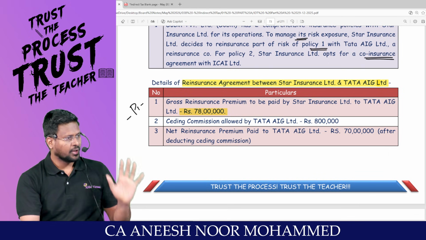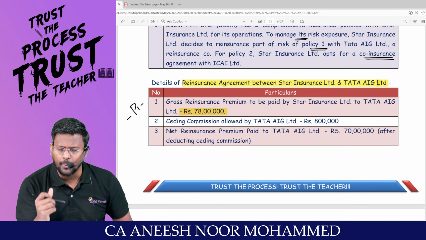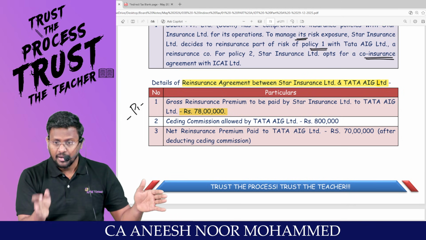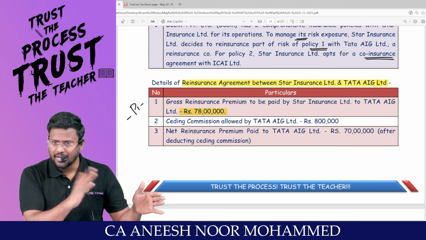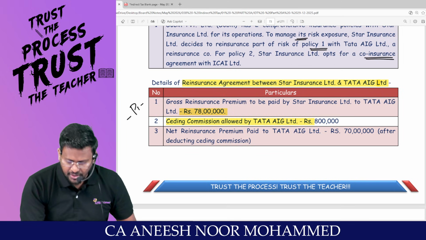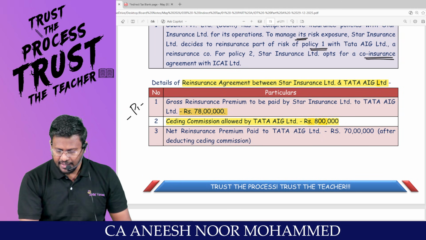Am I right? In between, one more service has happened called business services. Who provided the business service? Star Insurance. To them, Tata AIG is now supposed to pay consideration to Star Insurance. That's the ceding commission allowed by Tata AIG. How many lakh? 8 lakh.